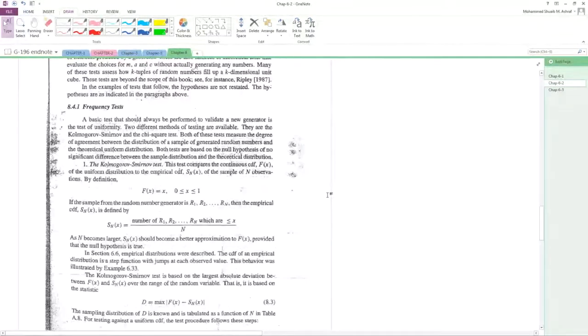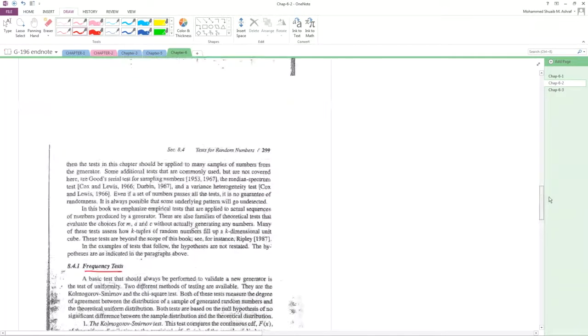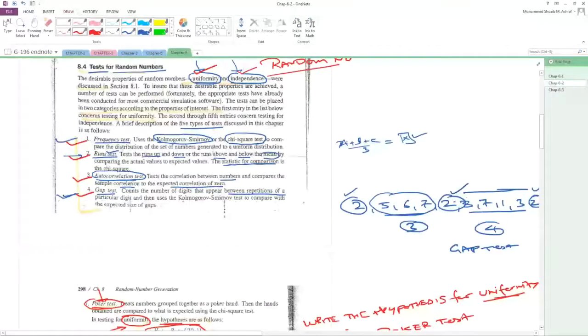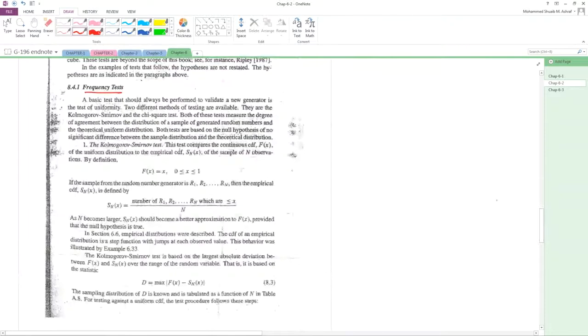Now we have the frequency test, as we discussed number 1. See here, we discuss the frequency test. In the frequency test alone we will discuss Kolmogorov-Smirnov. This is the rule, this is the formula, and this is how we will calculate.